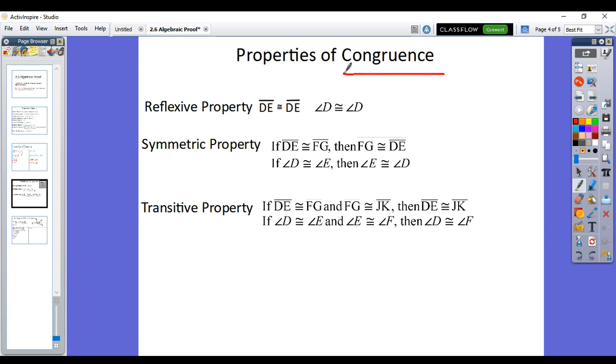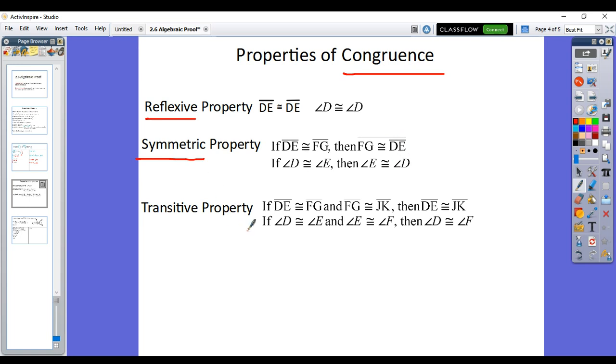Now, other things that you might use here would be properties of congruency. The difference between congruency and equality is that with congruency you're saying two things are the same. We don't know the length of DE or the value of angle D, but we know that angle D is congruent to itself. It's the same as itself, so that's the reflexive property. Symmetric property is where you say, if DE is congruent to FG, you can say backwards is still true: FG is congruent to DE.